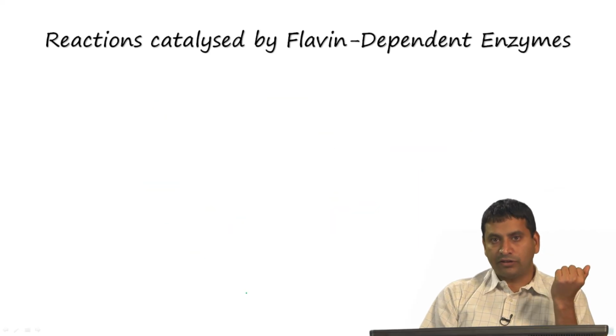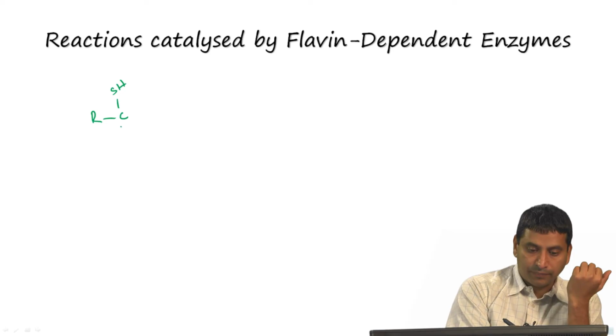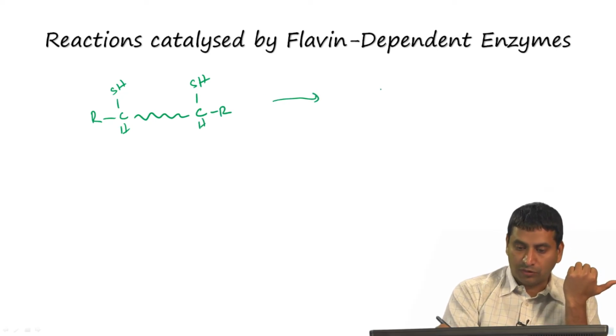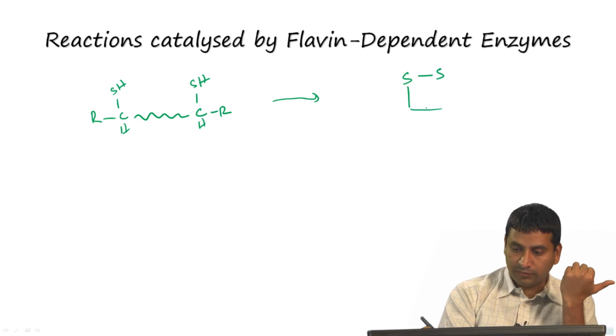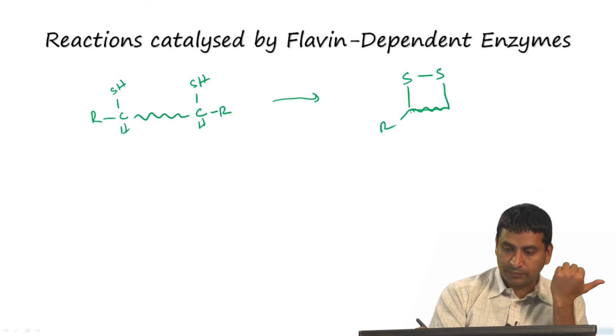The next class of reactions is the formation of a disulfide bond. So, you can have R C S H, can have a long chain maybe with another SH over here, okay, and this can undergo oxidation to produce a disulfide linkage such as this.